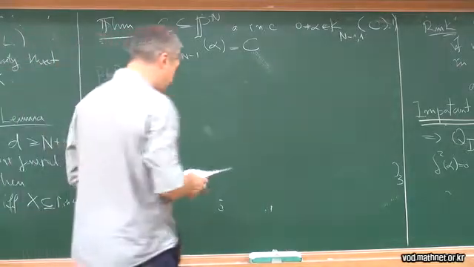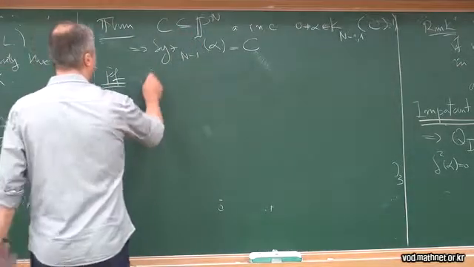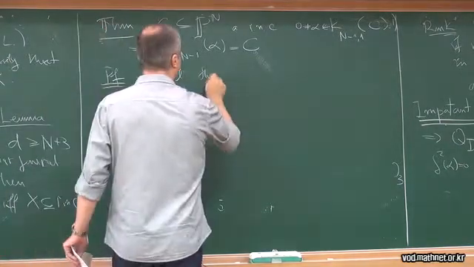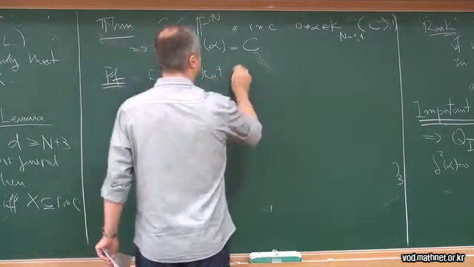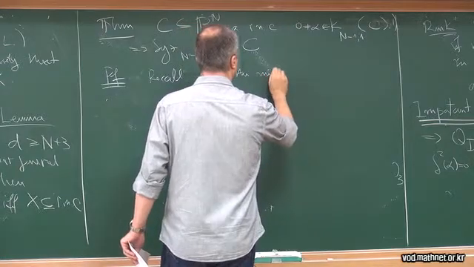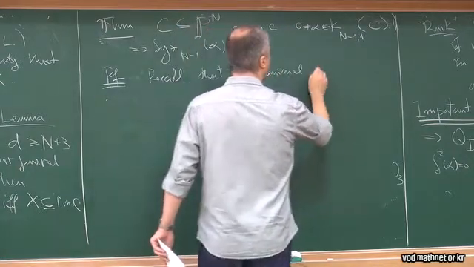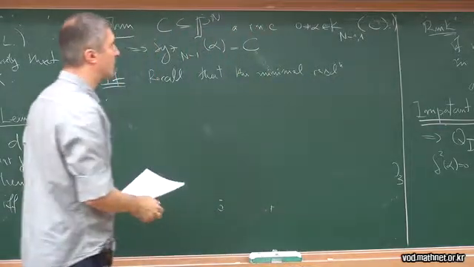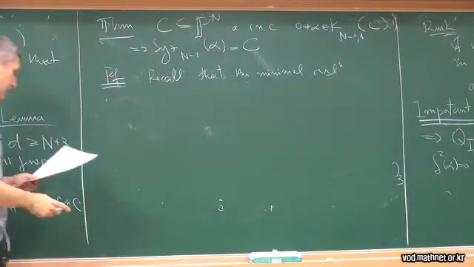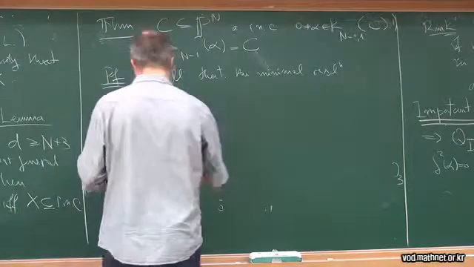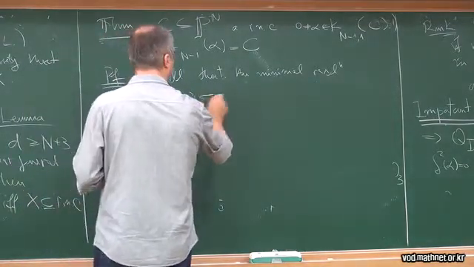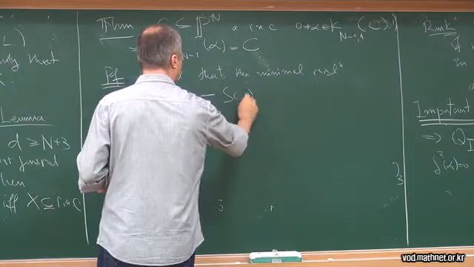Okay, and let's first recall that the minimal resolution of the homogeneous coordinate ring of C, or of the ideal, is the following.